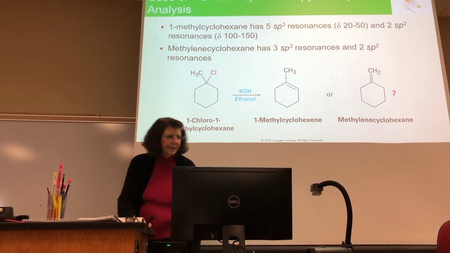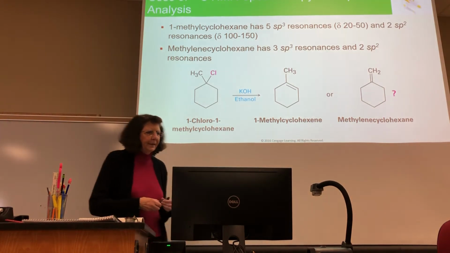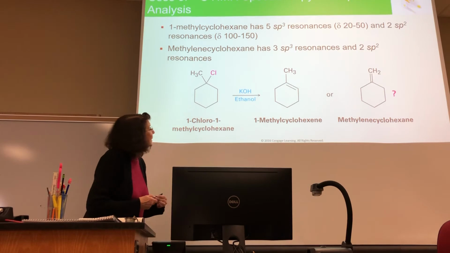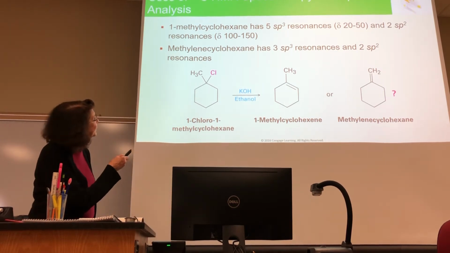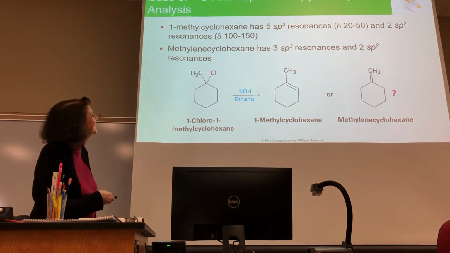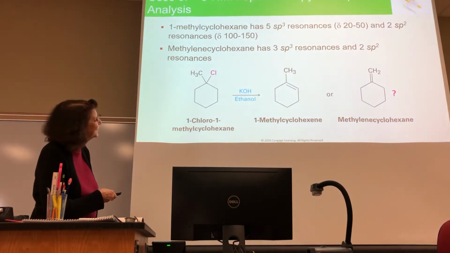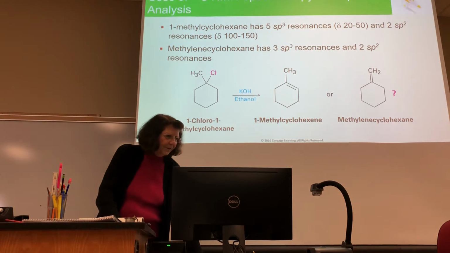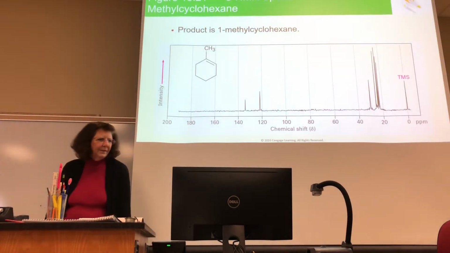So when we're looking at this, we can just see it and figure out that just on the number of sp3 resonances, it does this. I do it with total number of peaks because they vary, they're different, but they're just looking at the sp3 ones, and we see that it is indeed that one. And it did follow Zaitsev's rule, and this is what it looks like.